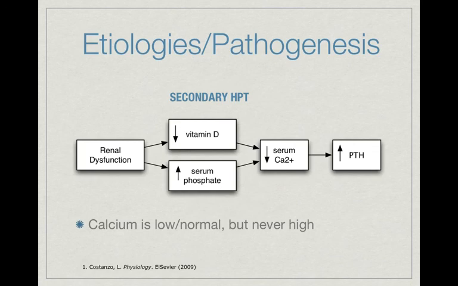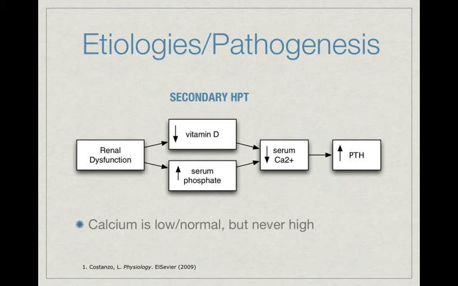Secondary hyperparathyroidism is a little less clear, but really what happens is the kidney is not functioning. This leads to decreased vitamin D, because as we said, 1-alpha hydroxylase is produced in the renal cortex cells. Decreased vitamin D leads to decreased calcium reabsorption, as well as decreased phosphate reabsorption from the gut, leading to decreased serum calcium.